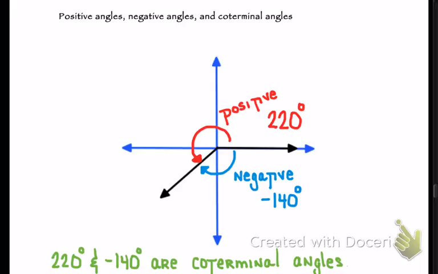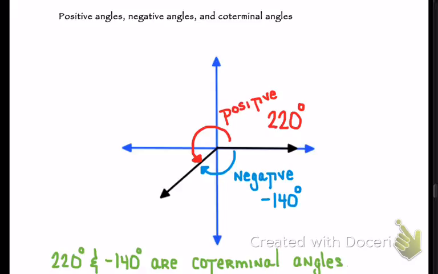Can you explain why 220 degrees and negative 140 degrees are an example? They're coterminal because they share the same terminal side. Coterminal angles are two angles that share the terminal side.